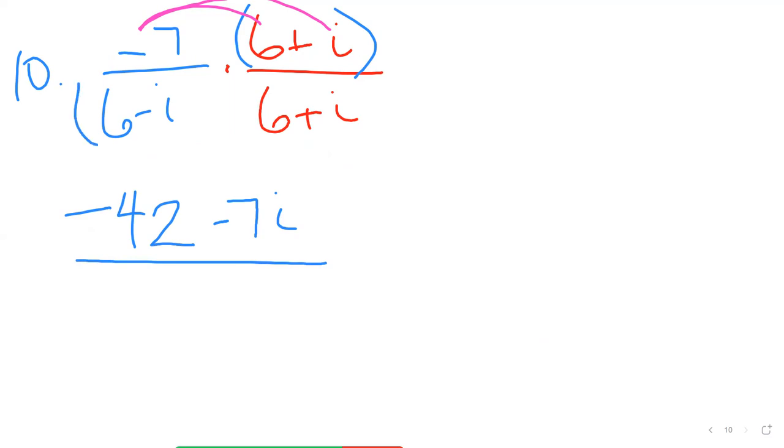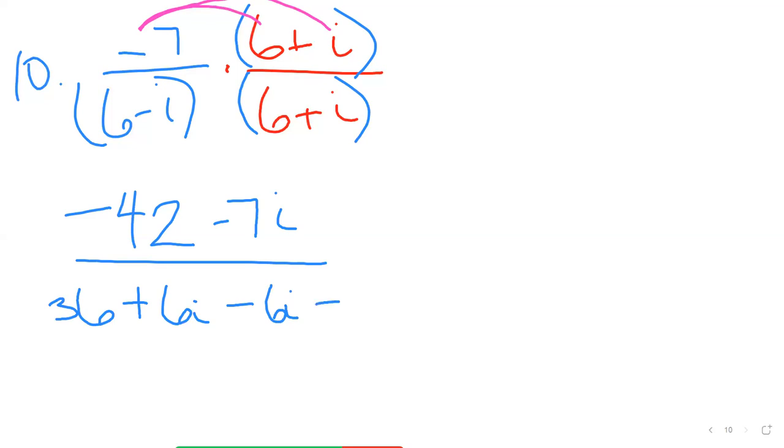Now, let's think of these as groups. 6 minus i times 6 plus i, that's a FOIL strategy. So first is 6 times 6. Outer is 6 times i. Inner is negative i times 6 for negative 6i. And last is negative i times i for negative i squared.